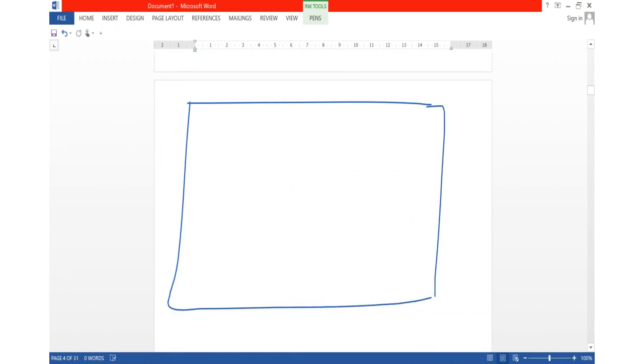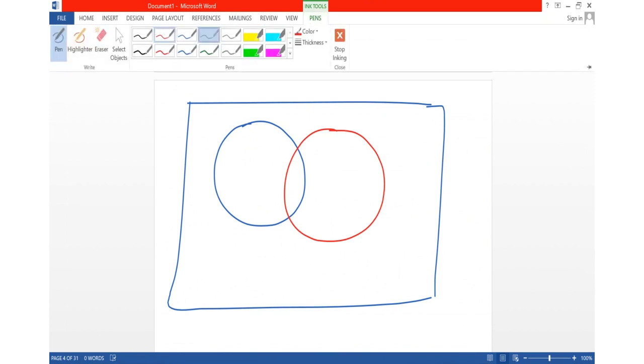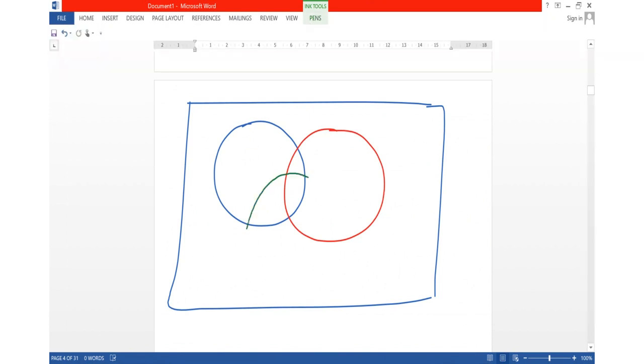So I'll draw the first set. Let me use a different pen for another set. Then we draw this other one for another set. And then green, now for the set that is there.